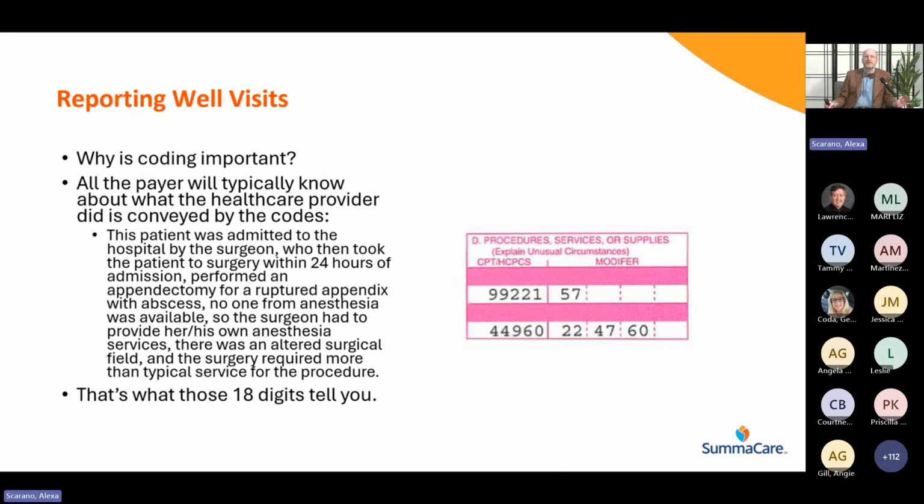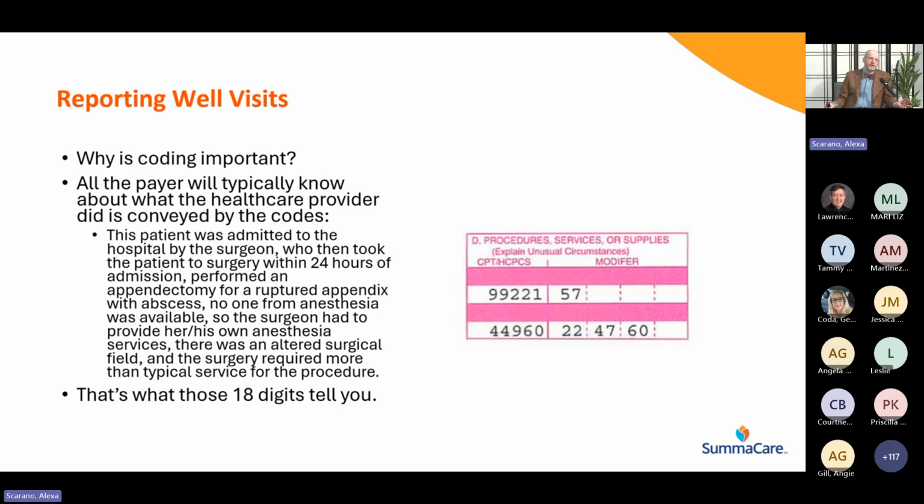As we begin, let's step back and talk about coding generally, how important it is, the story it tells. On the right side of the slide here, you see just 18 digits.